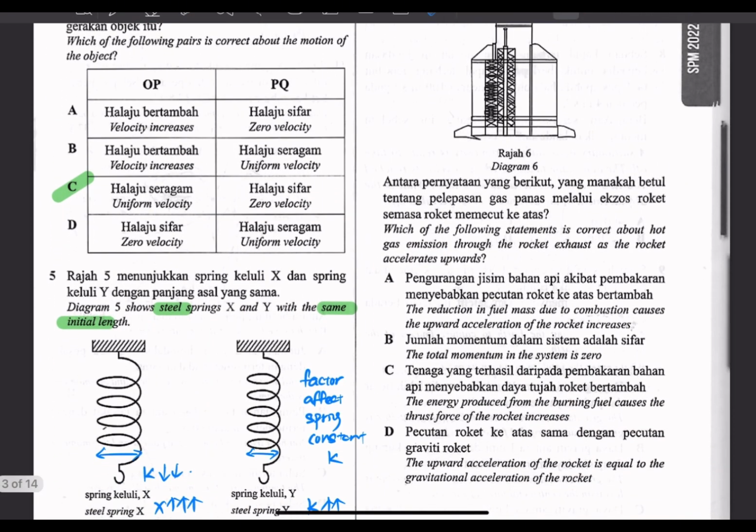There's a rocket launched from the launch pad. Which of the following statements is correct about the hot gas emission through the rocket exhaust as the rocket accelerates upward?